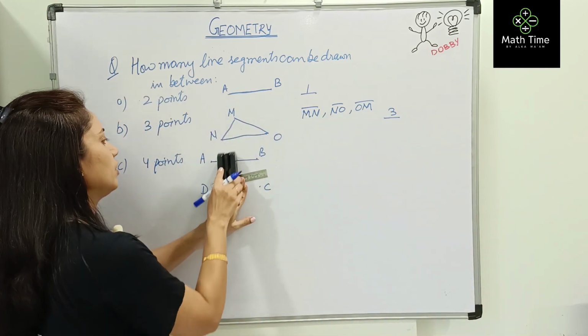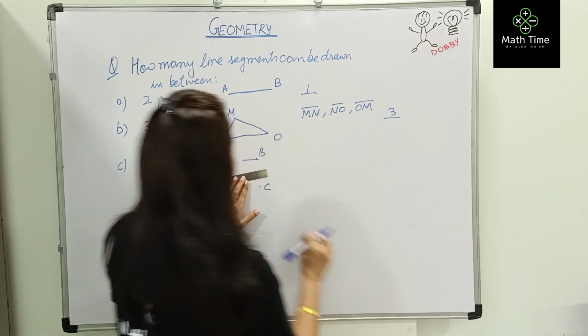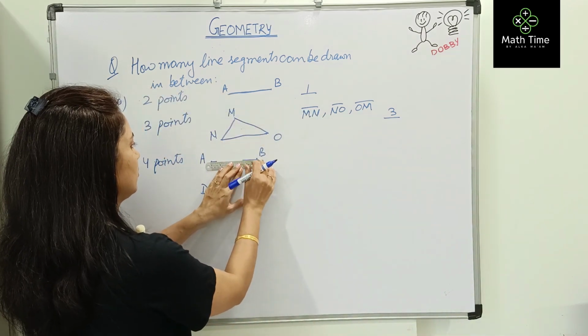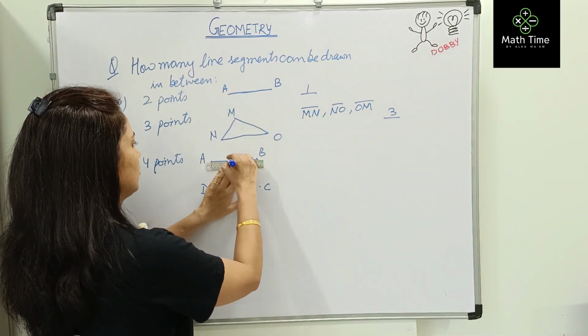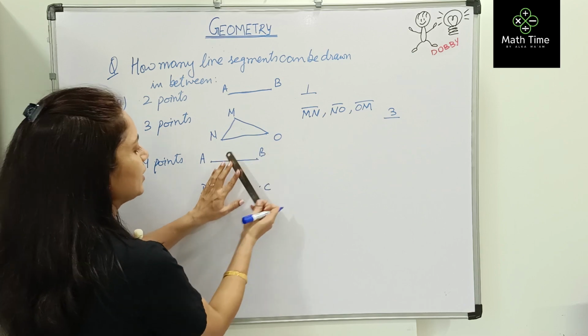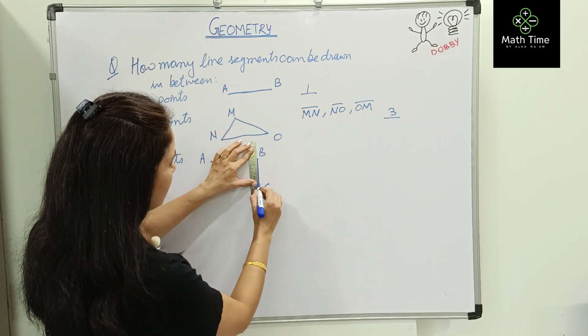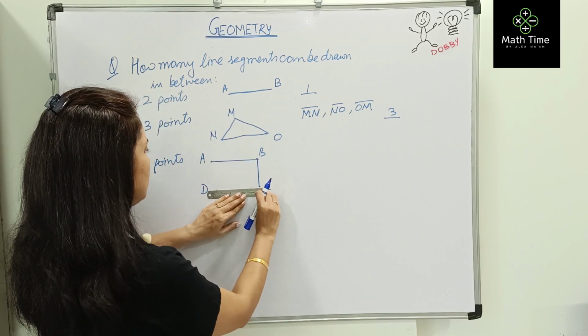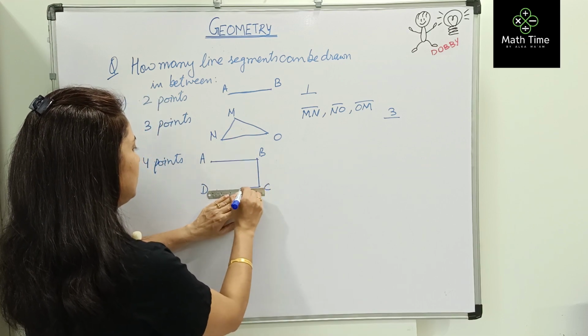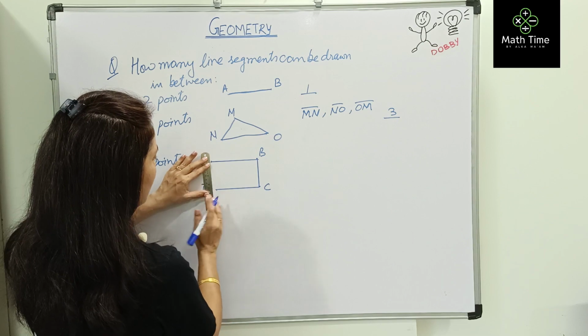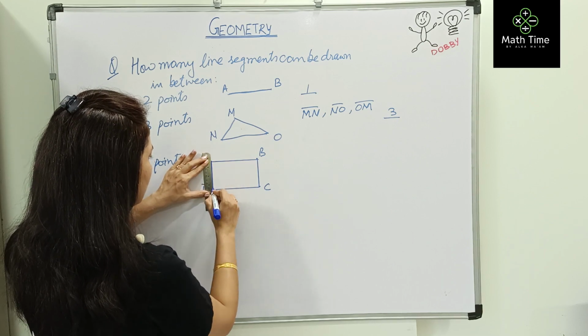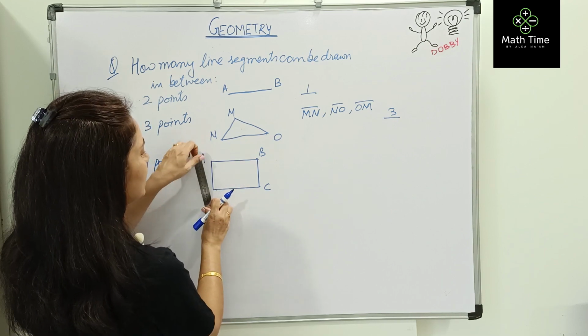Let me draw it again once. AB, one line segment. Then we can draw BC. Then CD. Then coming to AD. These are 4 line segments.